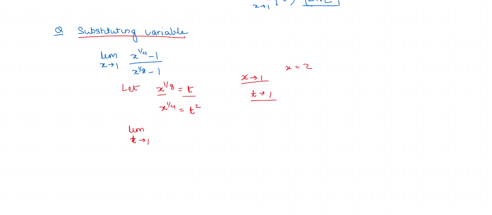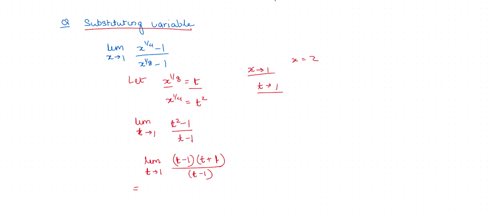So we need not change, and the numerator becomes t squared minus 1 and the denominator becomes t minus 1. So it's pretty simple now. Let's factorize. On factorization, we can see that there are factors t minus 1, t plus 1, and t minus 1 cancels.